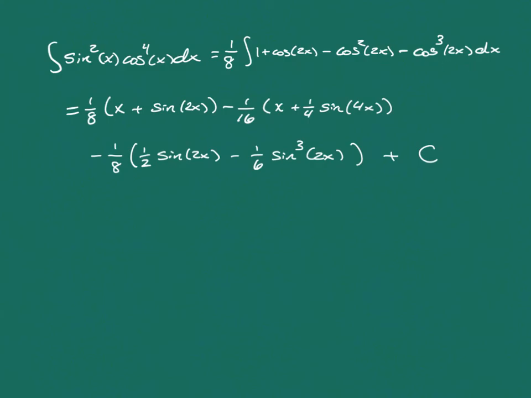So our 1 plus cosine 2x gave us just our x plus sine 2x. Then for the cosine squared, we used power reduction again to give us something we could integrate to obtain x plus 1/4 sine of 4x. And then finally, for our cosine cubed, we used the techniques from the last video to obtain 1/2 sine 2x minus a 1/6 sine cubed 2x plus our arbitrary constant.